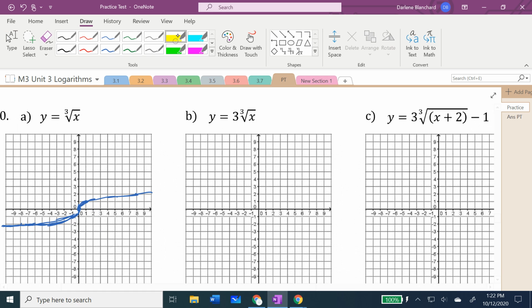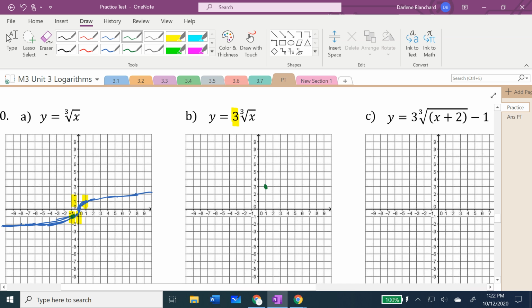If I multiply outside a function, I take the y values and I multiply them by that exact number. So this y value of 1 and this y value of -1 are going to be multiplied by 3. So that means that I will have same x coordinate 1, but instead of 1 for the y will be 3.